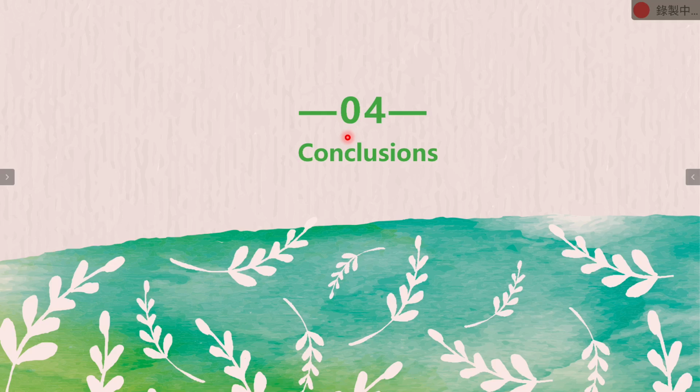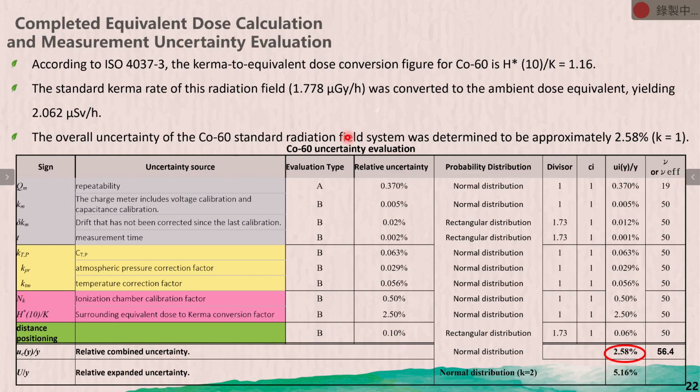About my conclusions. Later we have to complete the equivalent dose calculation and the measurement uncertainty evaluation. According to the ISO document, because we calculate the current, we have to change it into the equivalent dose.